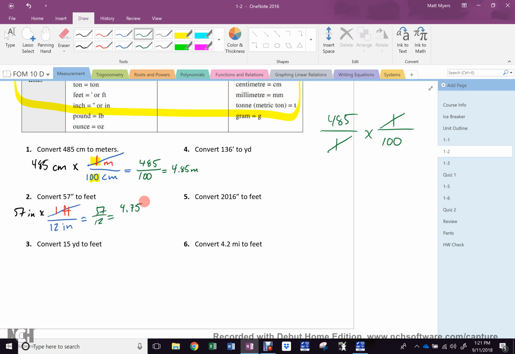Good call. Am I technically allowed to put 4.75 feet? No, why not? Imperial doesn't use decimals because it isn't based on 10, is it? So that is technically 4 3/4 of a foot, yes? But we don't measure feet in quarters, do we?